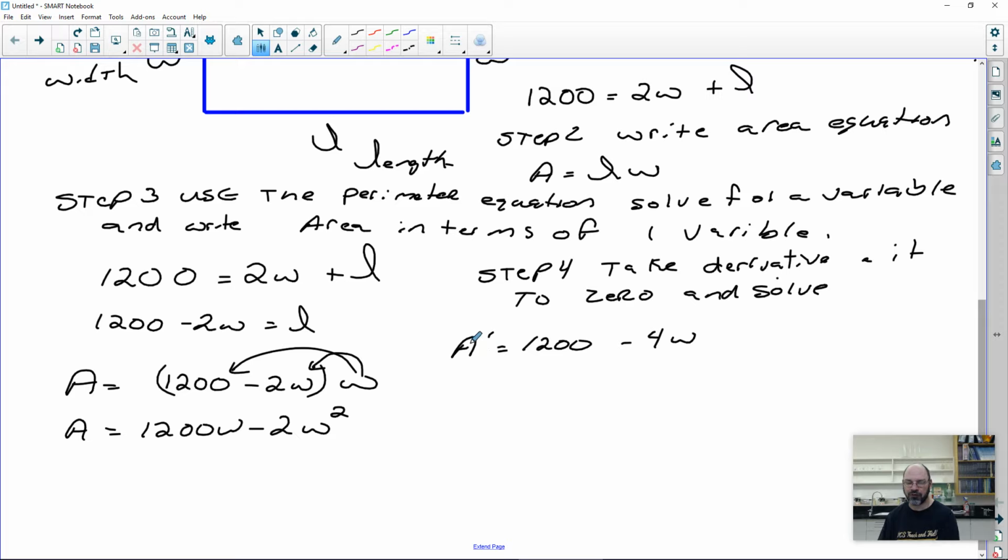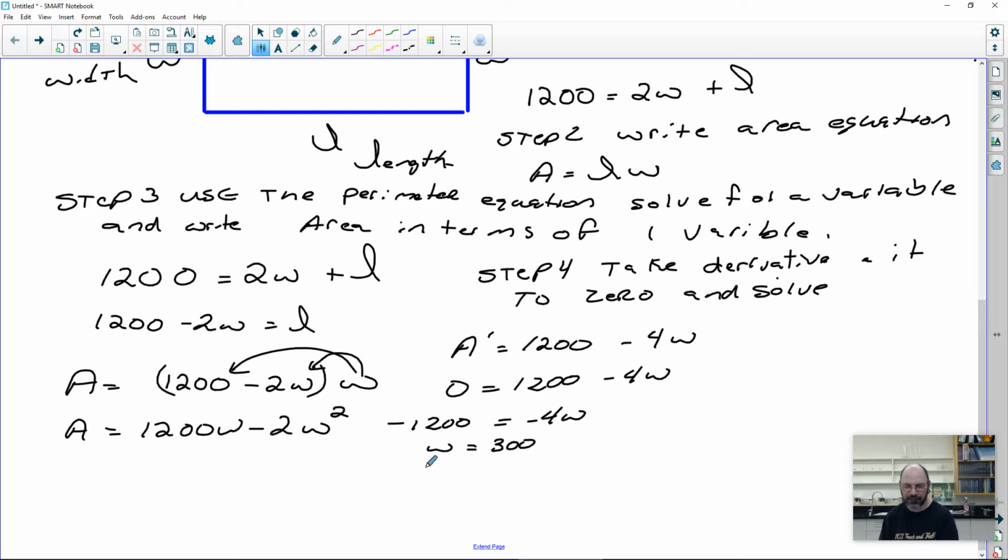Okay, so now we set this to 0 and solve. So we can take this over, negative 1,200 equals negative 4W, and we get W equals 300. Okay, and that's our width.